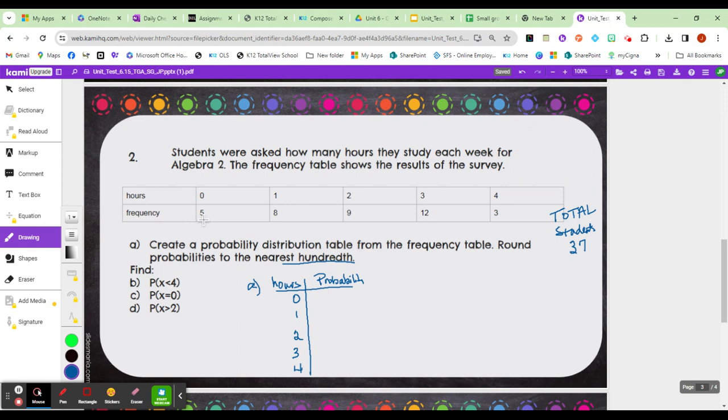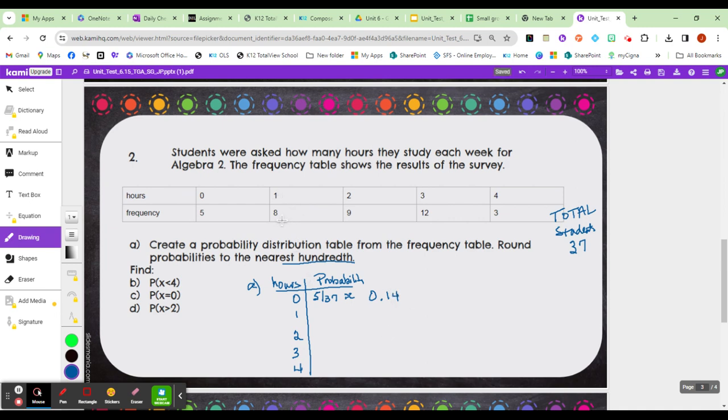So 5 people studied 0 hours, and remember that's 5 out of 37. To get the decimal for that, we do top divided by bottom. And I'm rounding to the nearest hundredth, so that's 2 places to the right. So that's going to be 0.14.